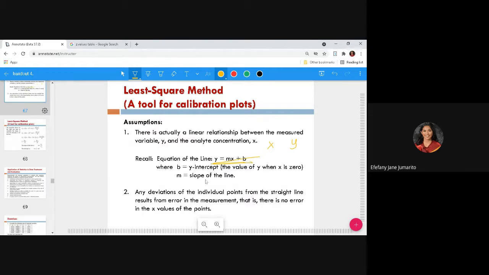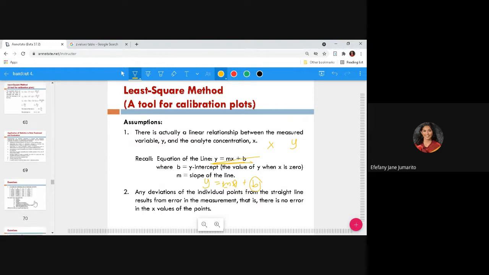So y equals mx plus b. That's the linear equation. The m here is your slope, x is your concentration, and b is your y intercept. So we have that one.